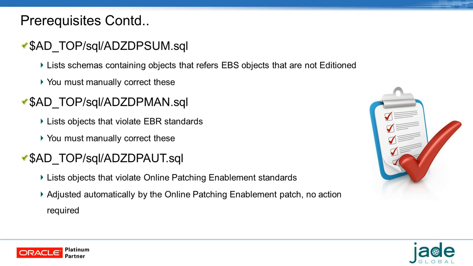So this last script lists all the violations which may hamper the online patching enablement. The beauty of this is we don't have to do anything else for these violations. Once we enable online patching, it will automatically adjust all those violations which are a result of ADZDPAUT.SQL.